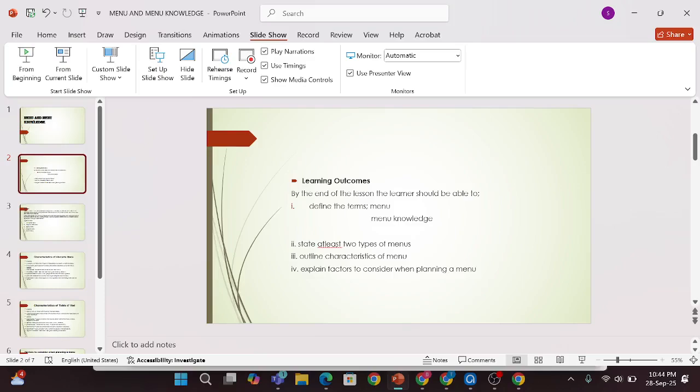So next, I would like us to look at some of the types of menus that we know. If I may ask anyone with an idea of any type of menu, you can either type in the comment section or raise your hand and give us your opinion.